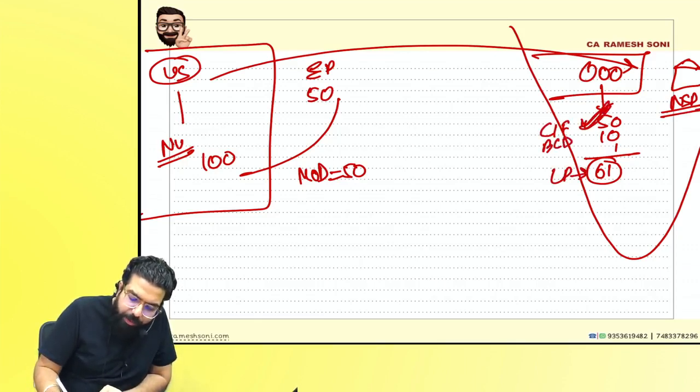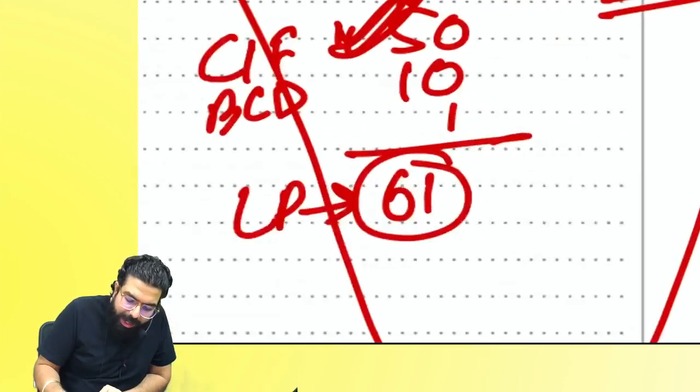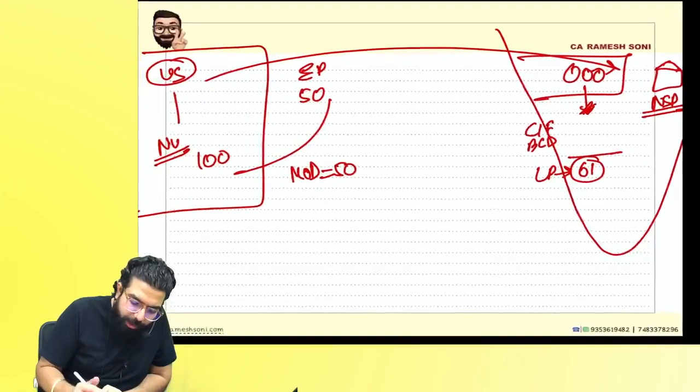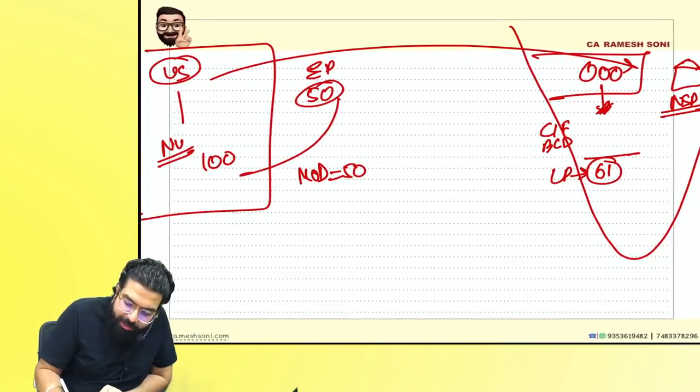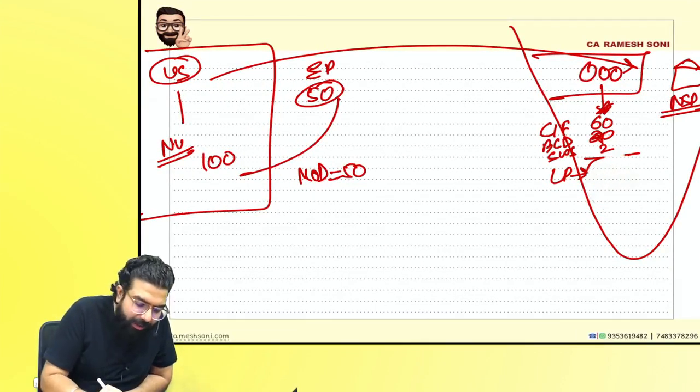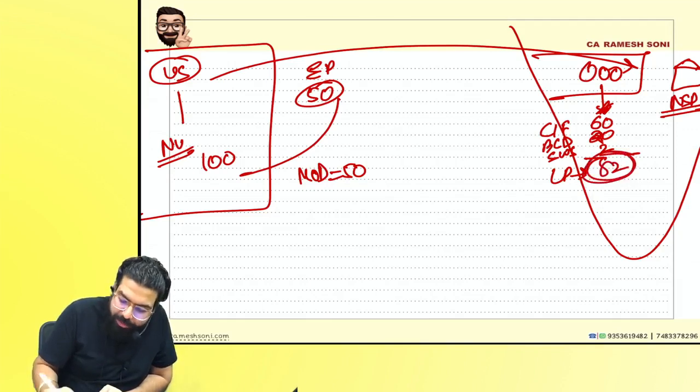I will do one thing. I will take the CIF a little more because it was exported at 50. CIF might be 60. Basic custom duty might be 20 rupees and social welfare surcharge is supposedly 2 rupees. How much is it? 82 rupees is the landed price.